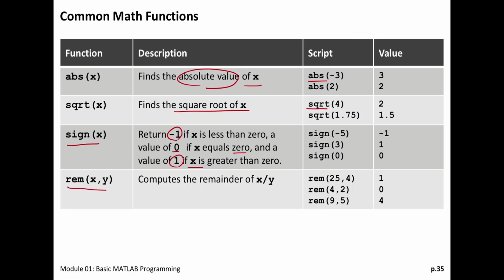And the rem function computes the remainder of x divided by y. This rem function takes the two inputs x and y. For instance, rem(25, 4), the remainder is 1, right? That's obvious, right?